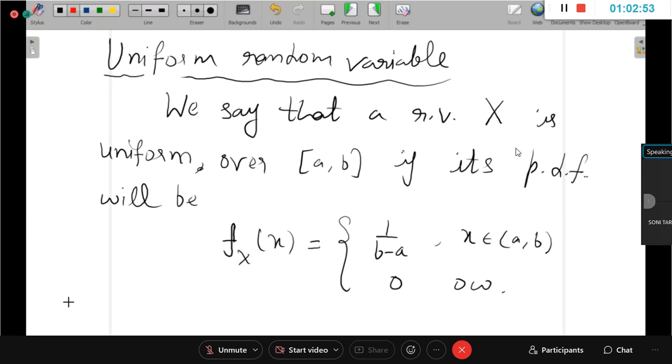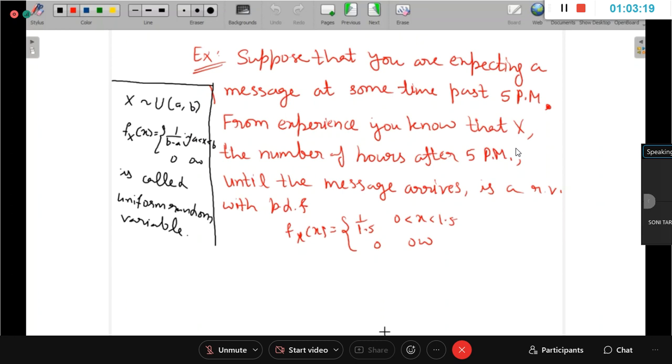And we denote x follows uniform distribution over the interval a to b. This is the notation. Your exercise is to find out the mean of this, the expectation or expected value. We will come back to it.